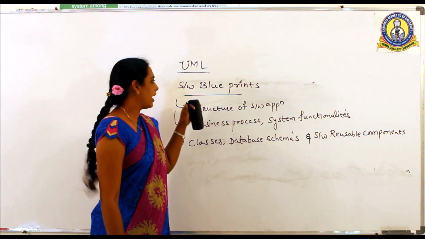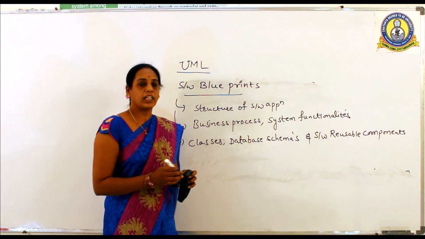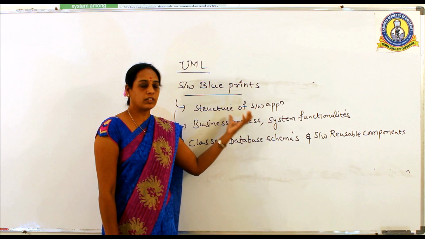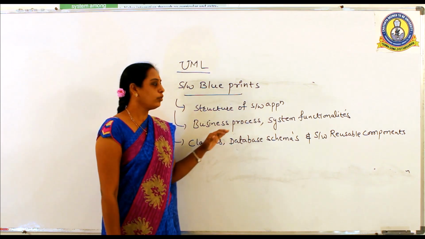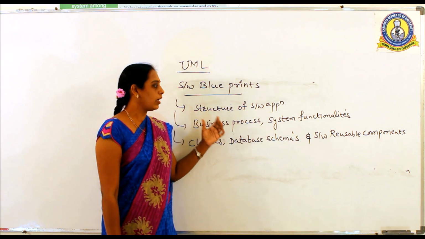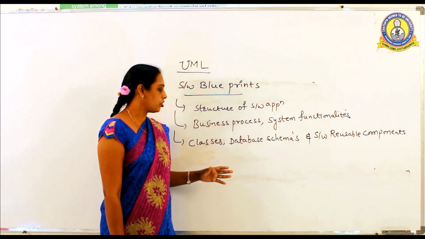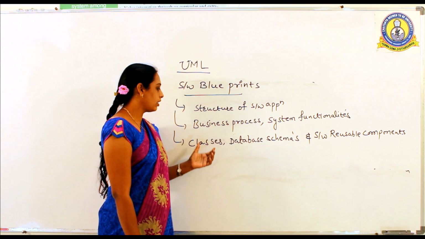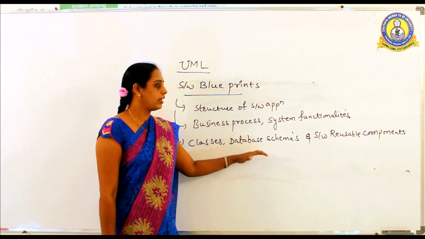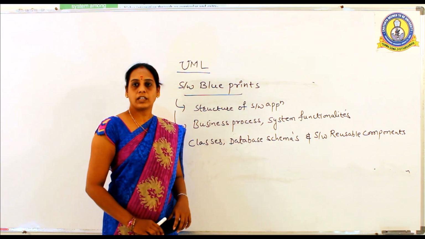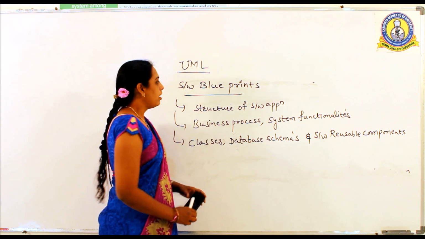So by using the standard way of UML, we can even develop the structure for the software applications and how the business will function. That is also helpful, and by seeing the models, we can tell the functionalities of software applications, and we can also tell the concrete things like classes, database schemas and software reusable components.